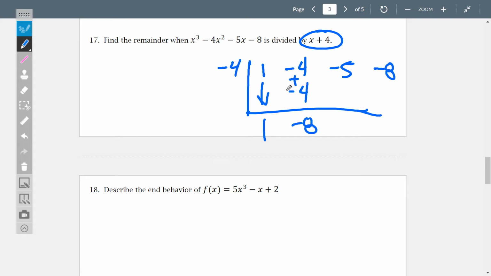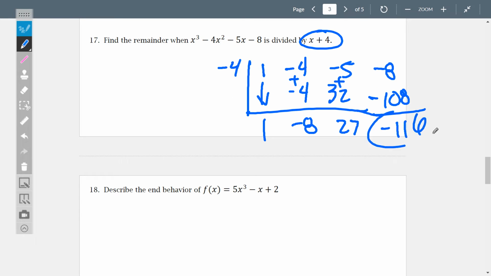Add these is negative 8. Multiply them as positive 32. Add them is 27. Multiply them, negative 4 times 27 is negative 108. Add them, so negative 116. And that last number here is our remainder.